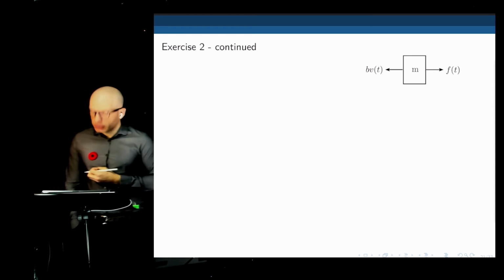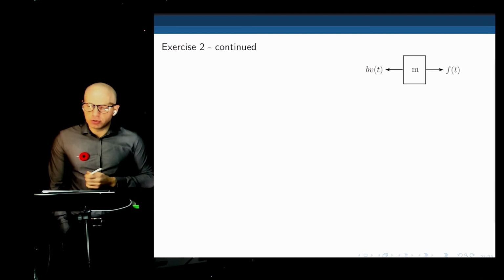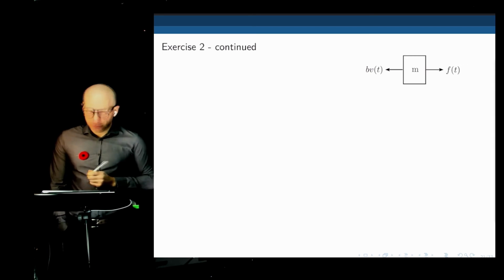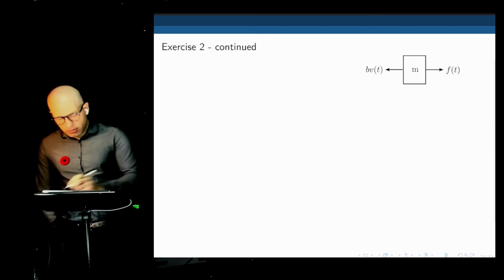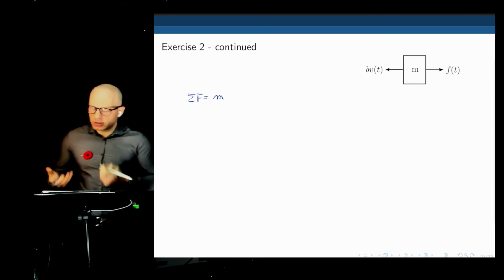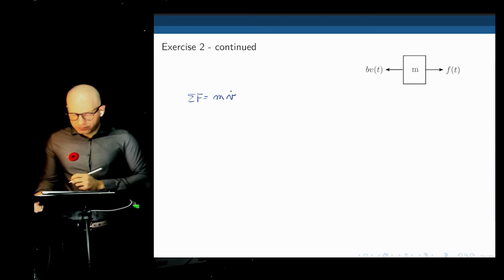To do that, we need to find a transfer function. In this case, we can find that from the equation of motion. Here is the free body diagram, only two forces acting on it, the force we apply and the viscous friction in the system. So we can do the sum of all forces equals m times acceleration, which is the same as m times v dot.